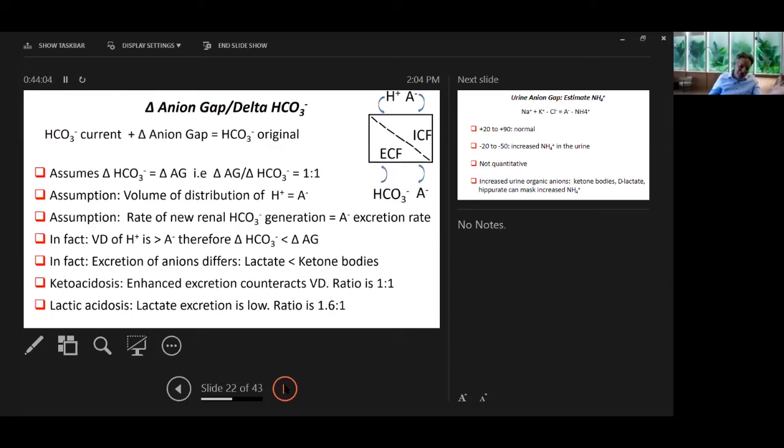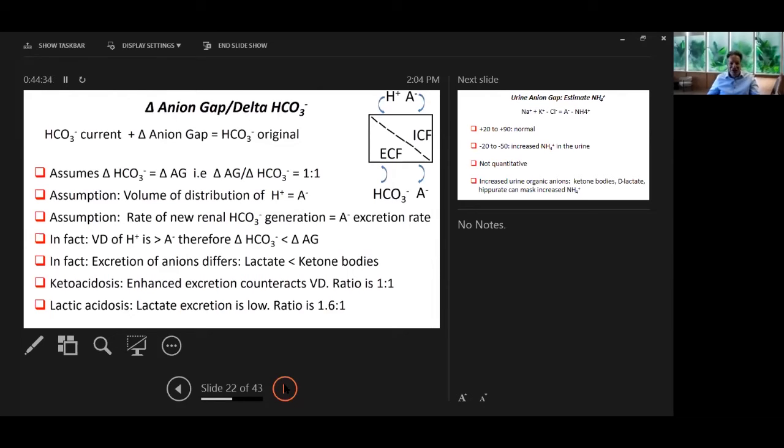And that's not true, because to have that occur, the volume of distribution of the proton load and the anion would have to be the same. And as I just mentioned, the anions go into a much smaller space. Also, you'd have to assume that the excretion of the anions is equal to the same rate as the bicarbonate generation, which is also an assumption. And as I mentioned, the volume of distribution of the protons is greater than the anions, and therefore the change in bicarbonate is going to be less than the change in organic anions.